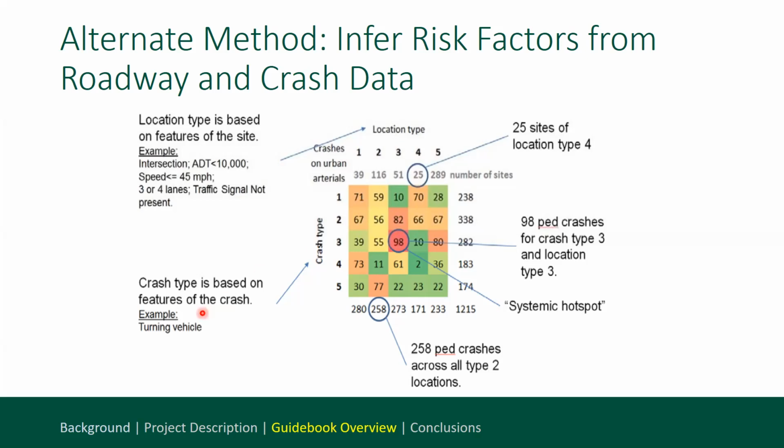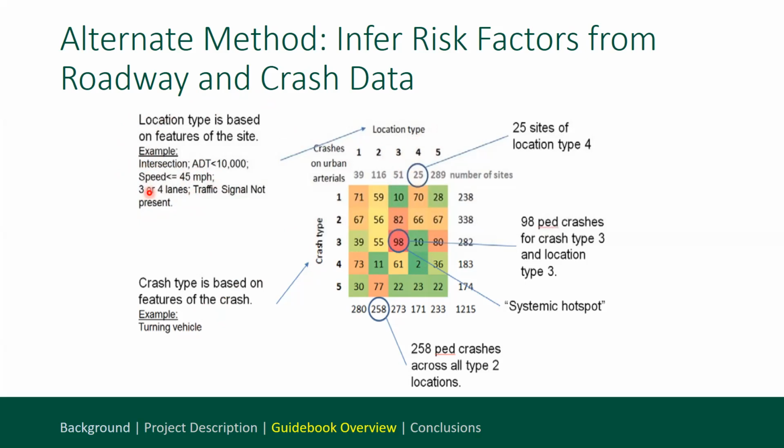So what is crash type 3? Let's say crash type 3 was turning vehicle, and turning vehicle related crashes tend to occur at location type 3, which for me was intersection without a signal, ADT less than 10,000, speed less than 45 miles per hour, and 3 to 4 lanes. Okay.